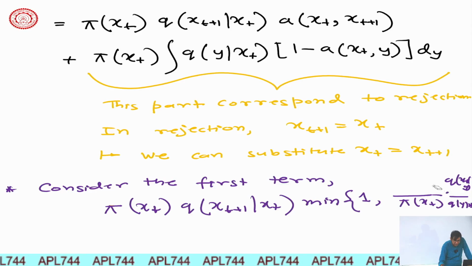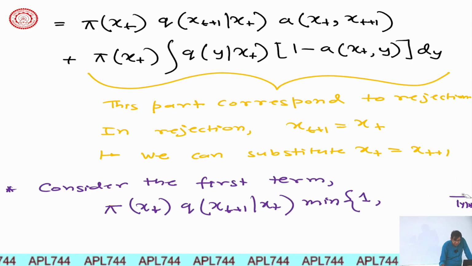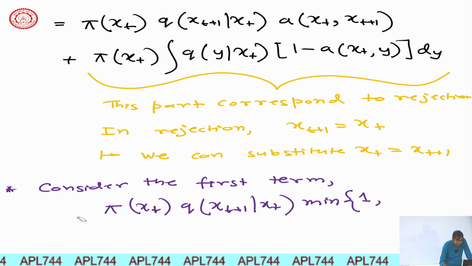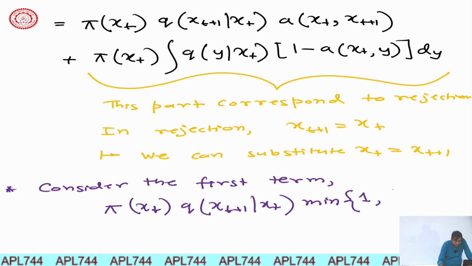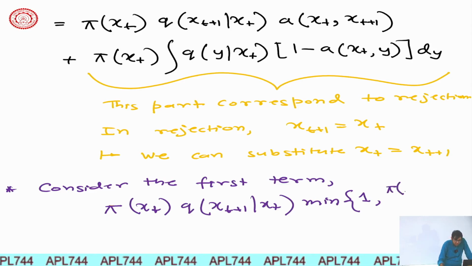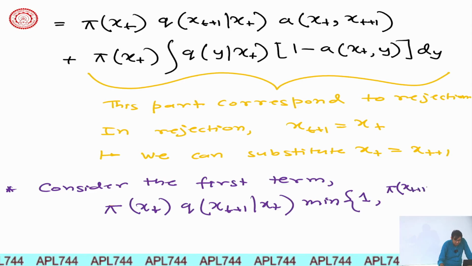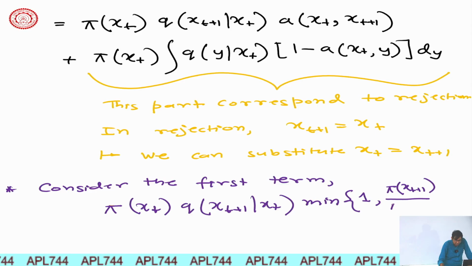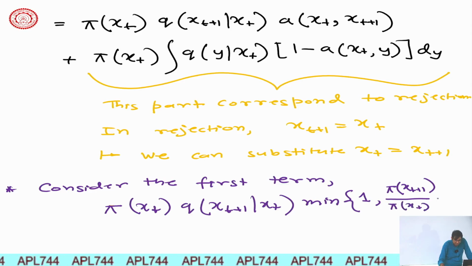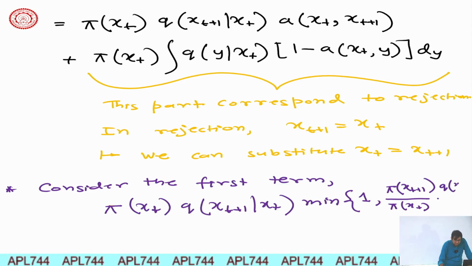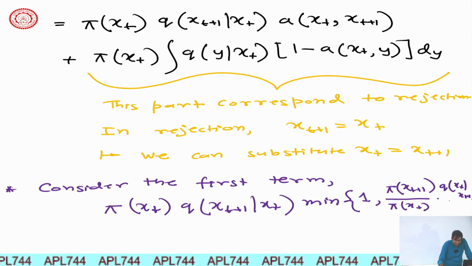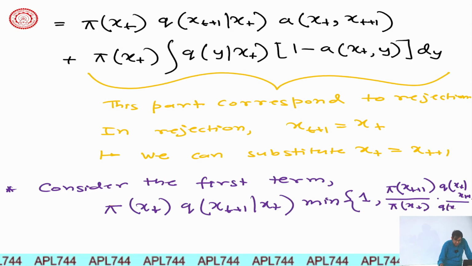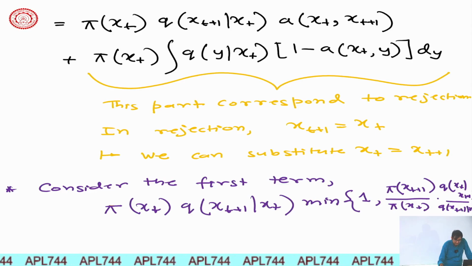Let me correct this part. Okay. So this is equal to pi of xt plus 1 by pi of xt q of xt given xt plus 1 divided by q of xt plus 1 given xt. Okay. Now this is correct.